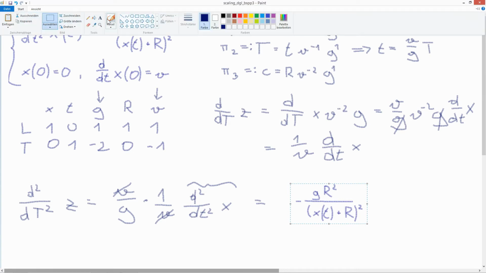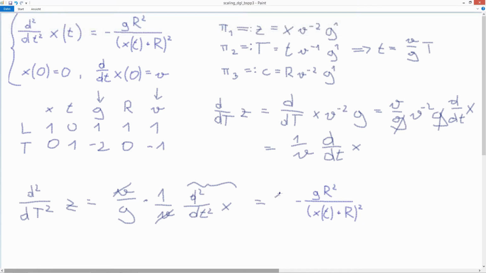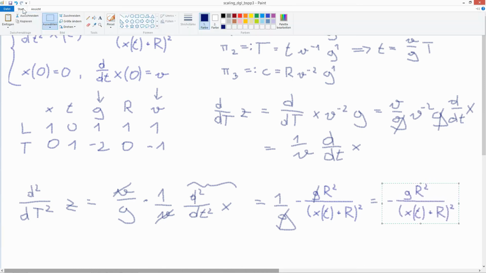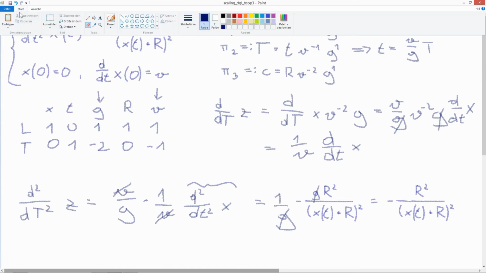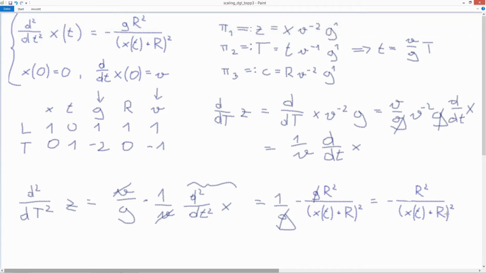And we also have this factor here, or g. This goes away. And so we have this here without the g. And now we want to get rid of this r here. So we try to bring this r outside of this.